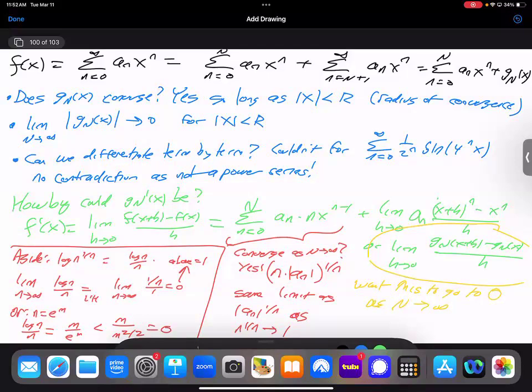All we have to do is show that the limit of gn of x plus h minus gn of x over h goes to 0. How can we do that?